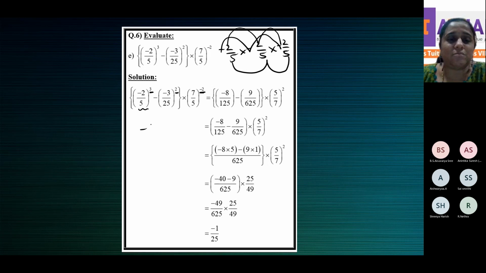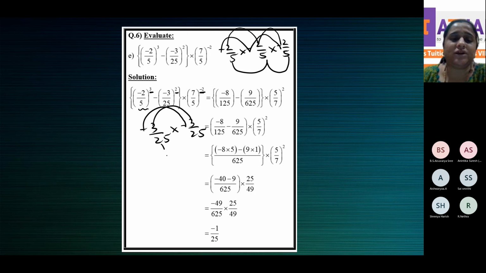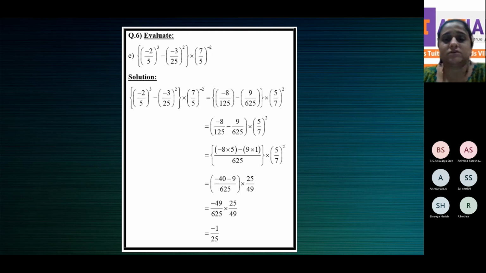The next one is minus 3 by 25 into minus 3 by 25, 2 times. The power is 2, so minus into minus plus, 3 threes are 9, 25 into 25 is 625. So 9 by 625. And here 7 by 5 becomes 5 by 7, minus 2 becomes plus 2.